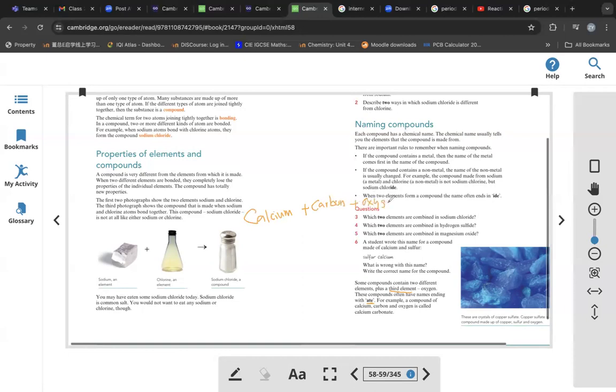You can't name it, right? Because calcium and oxygen alone is calcium oxide, but now you have 3 different elements. So the answer becomes calcium carbonate. Be careful, here they combine this and this, so it becomes carbonate.